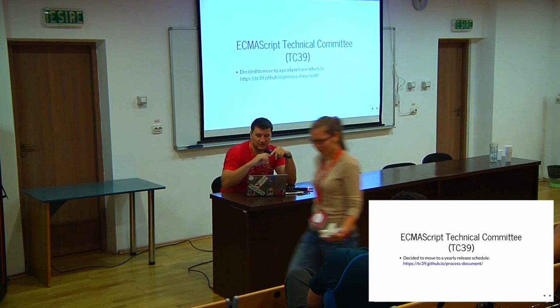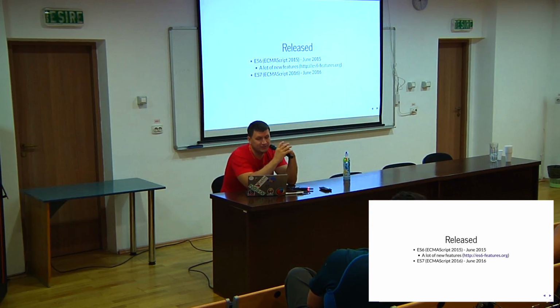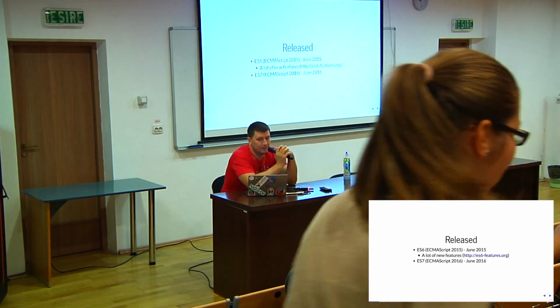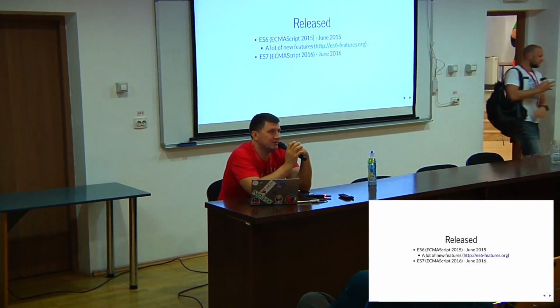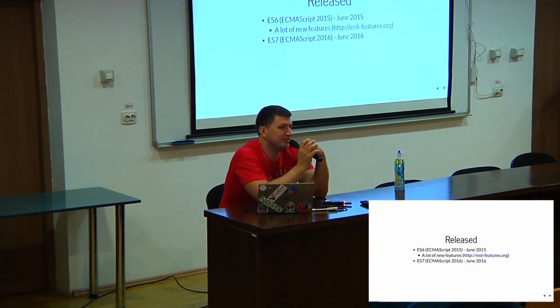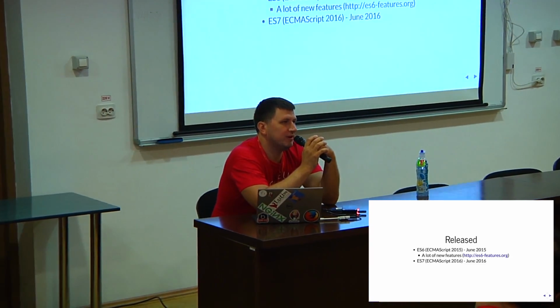And ES6 was the first such release, which got a lot of new features. It is very similar to what we had in Perl 5.10. And after looking at these features, I realized that we have a lot of such things in Perl already.